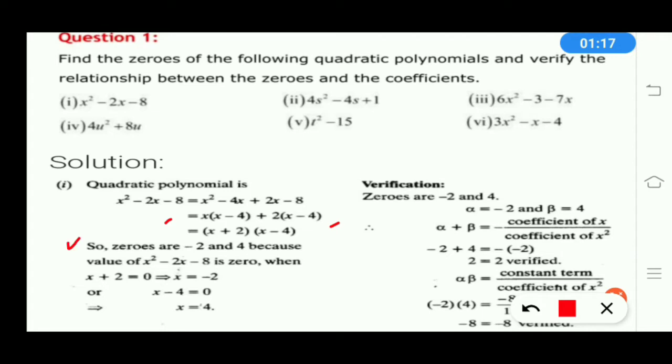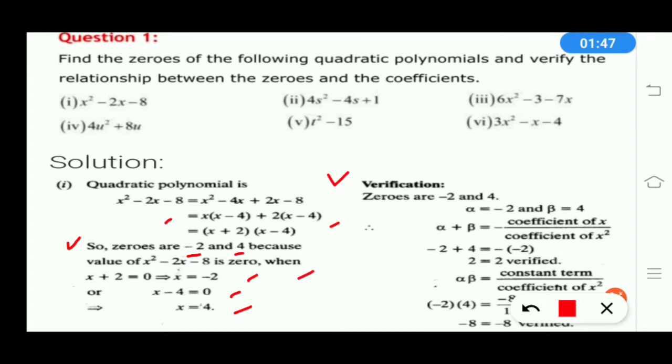So the zeros are −2 and 4, because the value of x² − 2x − 8 is 0 when x + 2 = 0, that means x = −2, or x − 4 = 0, that means x = 4. Clear? First part complete. In this polynomial the zeros are −2 and 4.